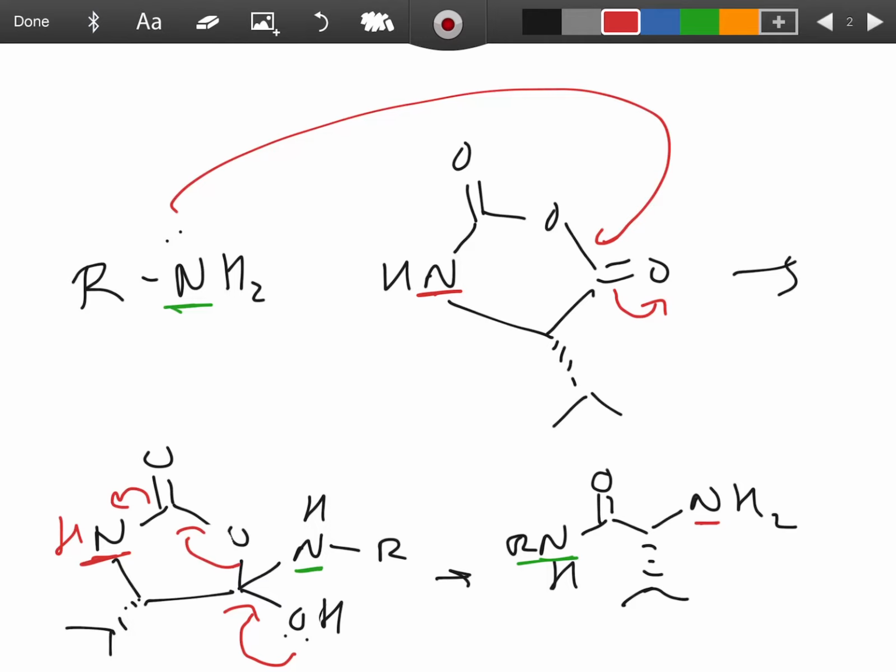So I had a couple more methods to make double bonds I wanted to go over. They're a little bit more obscure, but they're still used somewhat regularly, or some version of them is used. The first example here is a Julia olefination.